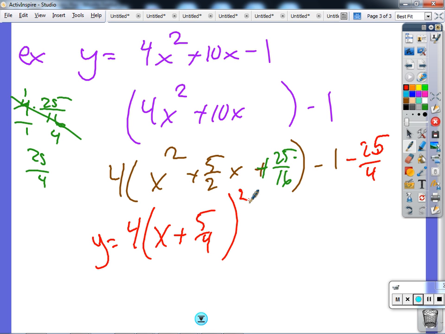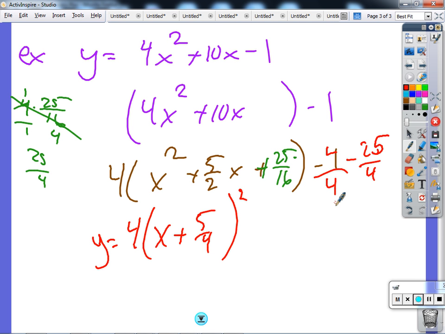Did I get 29/4? Common denominator. When I add fractions, I gotta have a common denominator, right? Some of you guys are losing it. Make sure you stick with me. Okay, so this becomes 4/4.